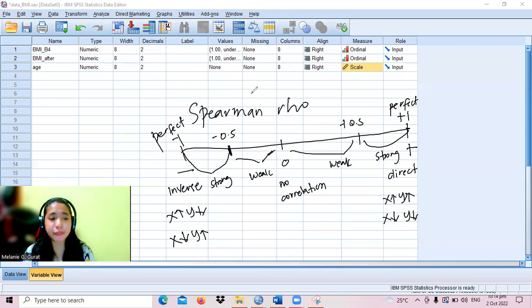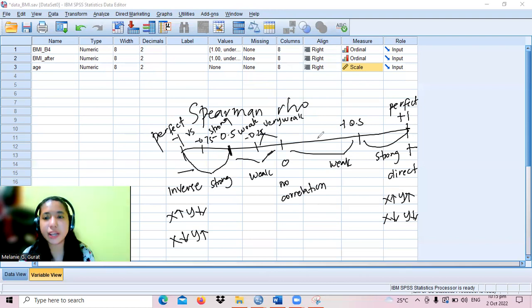For some materials, you can also see that they divide this further. For example, if we divide the weak into 0.25, we can say that it is considered very weak, weak, strong, and very strong.